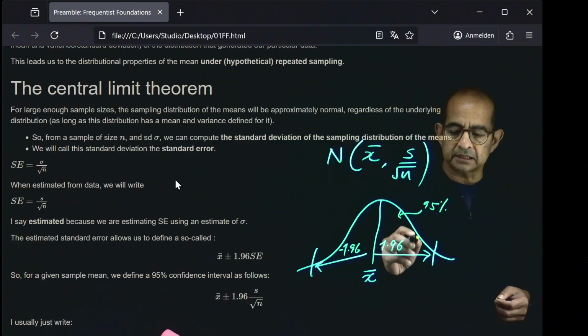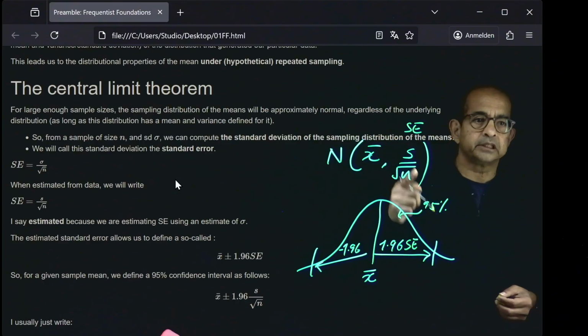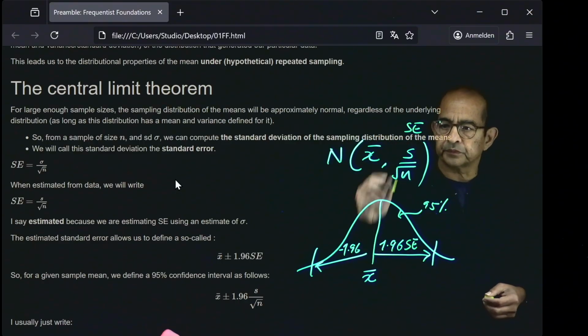So what is the standard deviation here? The standard deviation is the standard error, right? This standard error is what we're talking about here.